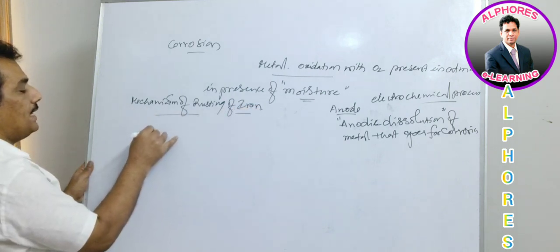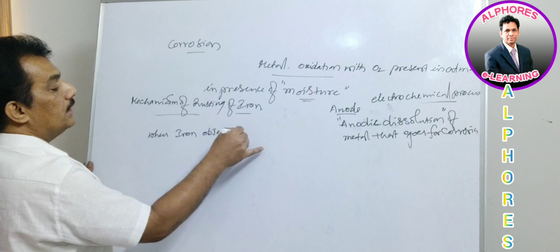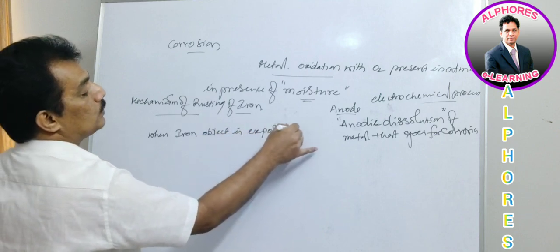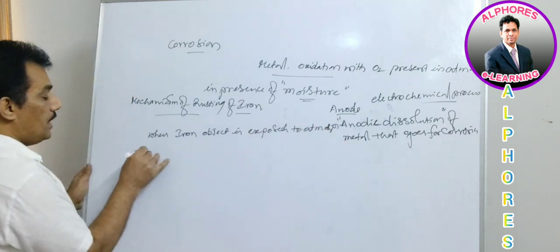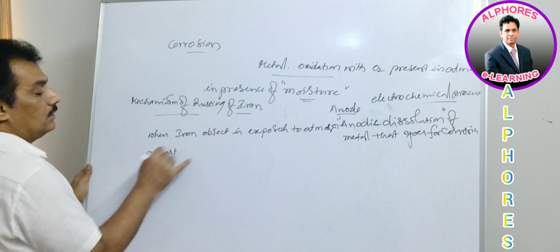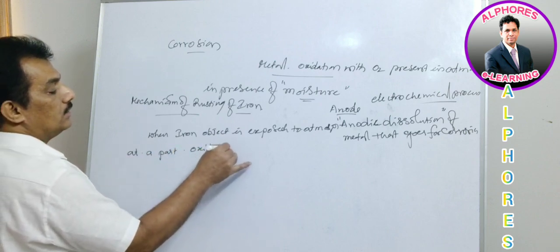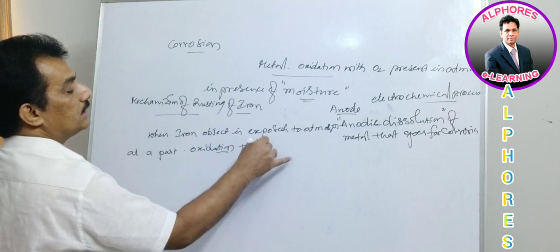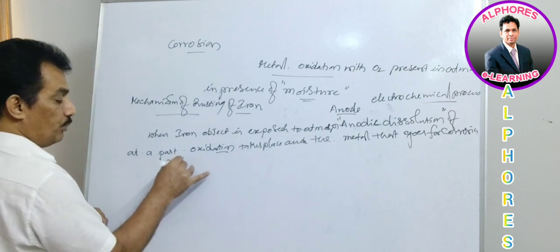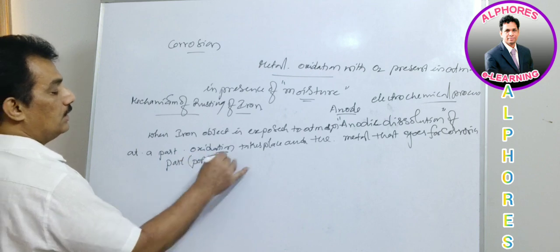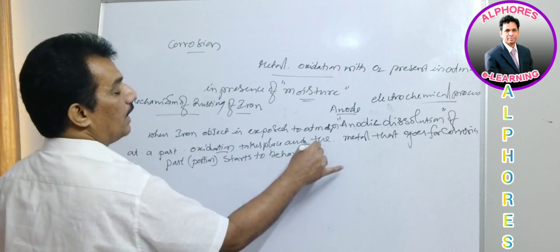Generally, when an iron object or article is exposed to atmosphere, at a part oxidation takes place, and that part or portion starts to behave like an anode.